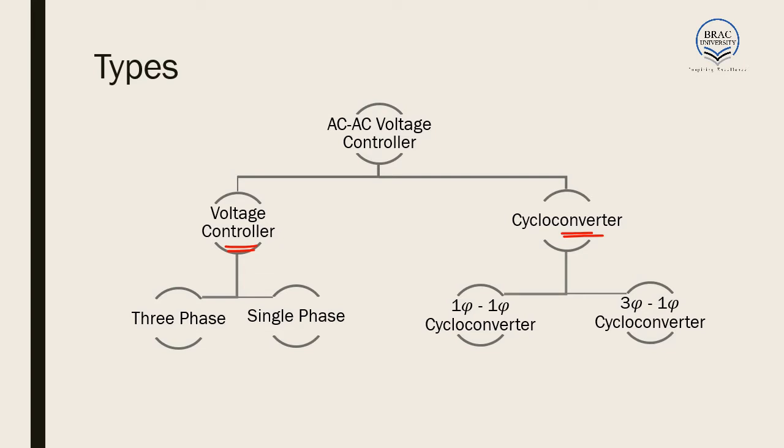That is, the RMS value of the voltage can be decreased by controlling alpha, or the firing angle. Cycloconverter is the controller where the frequency can be changed. Both can be three phase or single phase. Similarly, the cycloconverter can be for single phase and three phase, but the output for both of them is single phase.